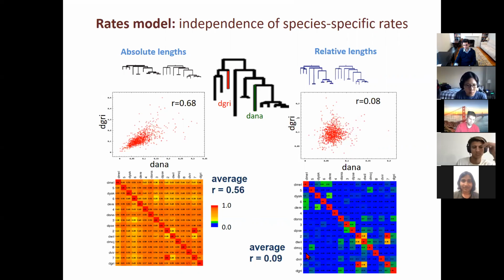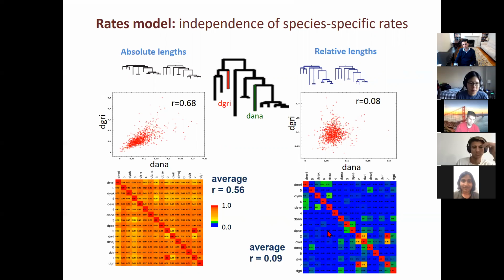And indeed, if you look at this entire tree, the average correlation is now only 0.09. So who's with me so far on what we've done? We've now normalized all of the trees by the total number of substitutions per site in that tree. And that gives us a relative rate of divergence.